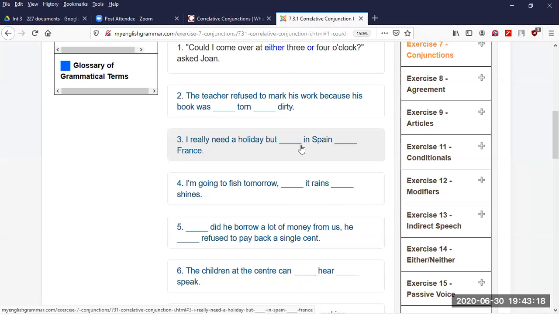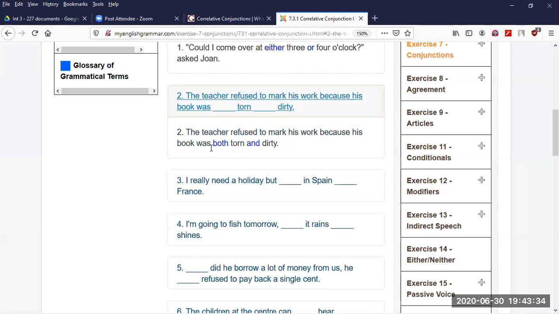Okay, so it is torn and it is dirty. Okay, if we use either, it can't be both. And if we use neither, then it's not. Yeah. So the only one that works is both torn and dirty.